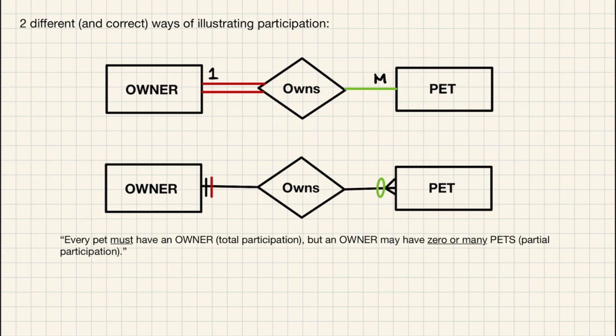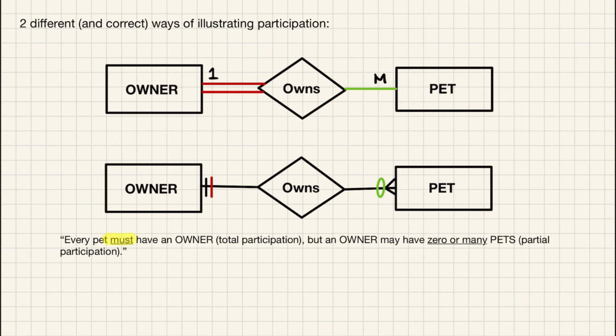Depending on your textbook or instructor, you might learn to draw ER diagrams in the Chen notation a bit differently. Both versions here are correct and mean the same thing. The max constraint is denoted by the relationship type, one-to-many over here. Total participation is represented by double lines, partial participation by a single line.